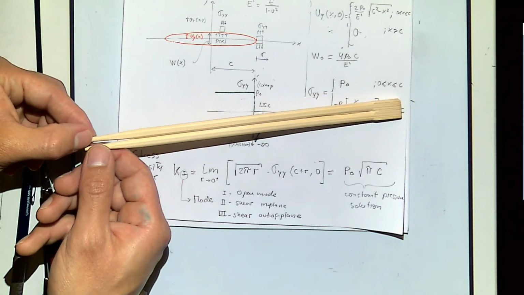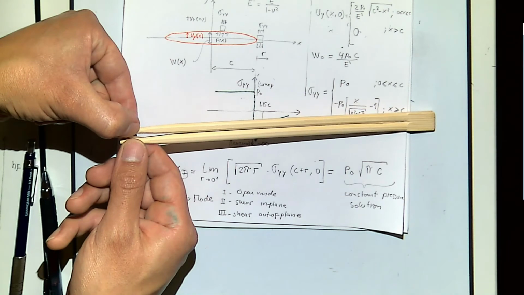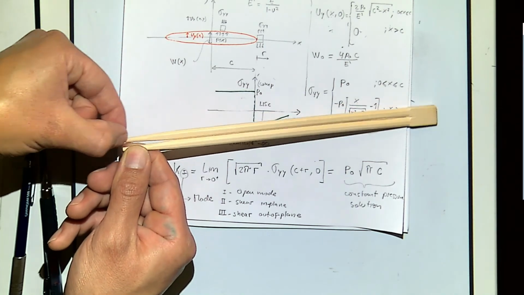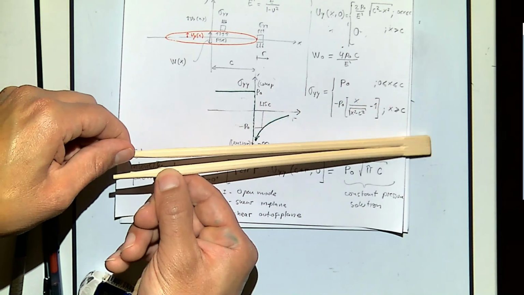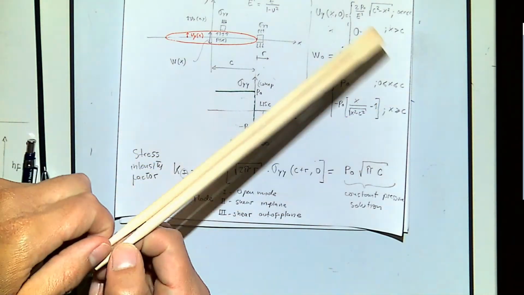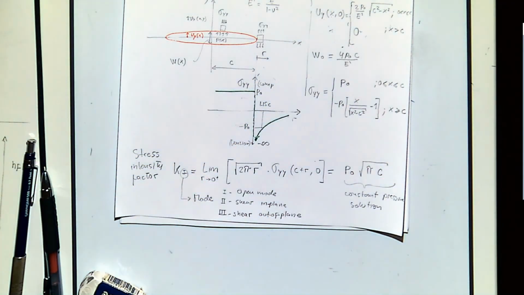In plane shear would be an action in which I, for example, pull from this one in this direction and push this one in this other direction. So if you grab the chopsticks, it will be like pulling one and pushing the other. You're going to create some tension at the tip, but if you can break it like this, I'm going to buy you dinner in this mode. You will see it's very difficult, but don't harm yourself, okay, in doing that.